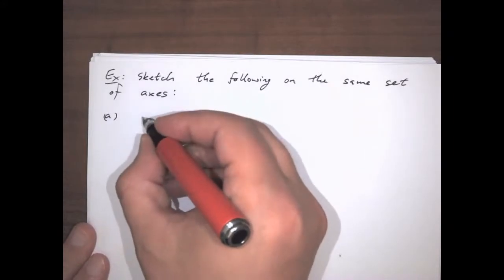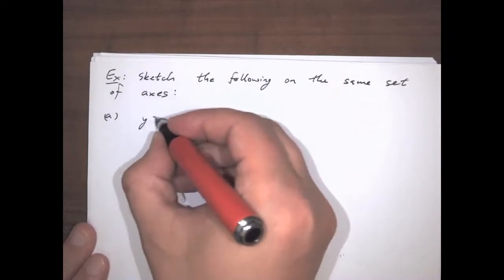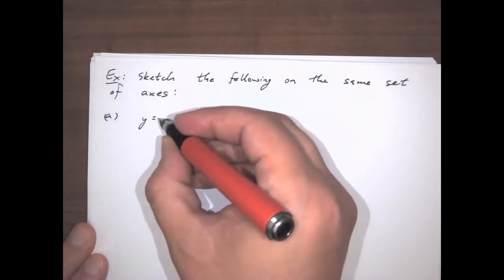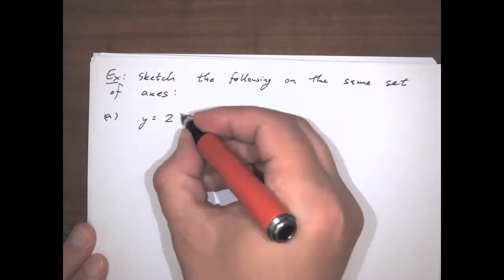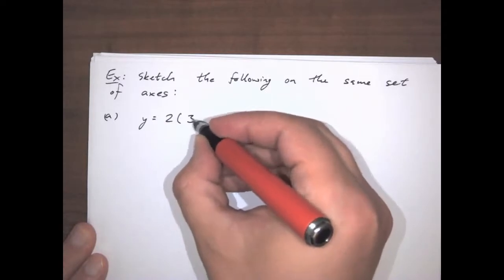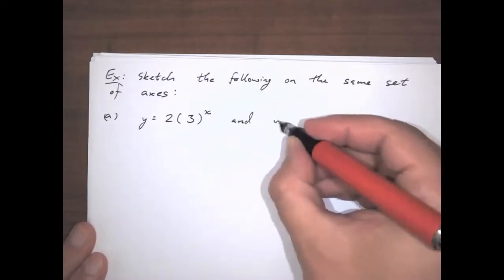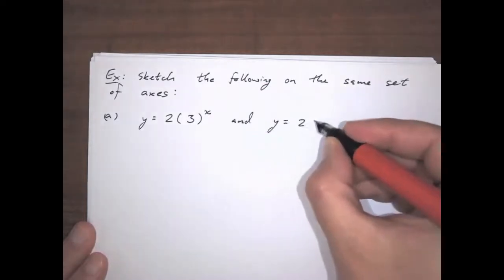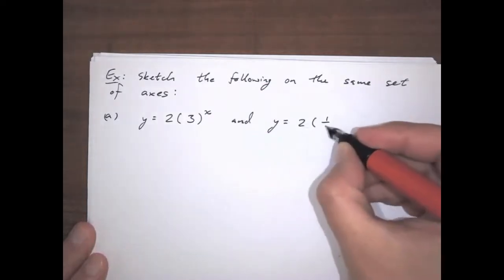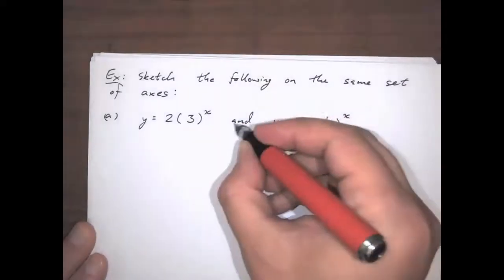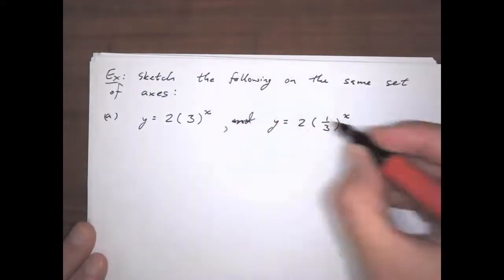In the first case, let's say our first one is y equals 2 times 3 to the x, and y equals 2 times (1/3) to the x. Actually, let's throw in a third one on there.